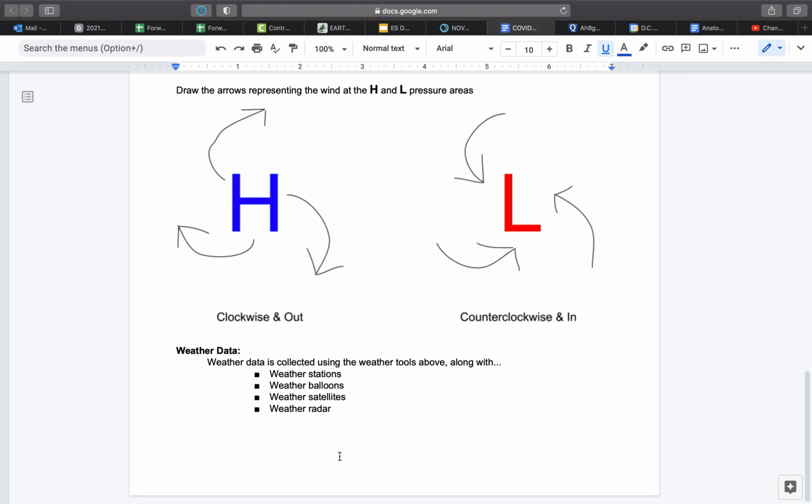So we can look at things here down at the ground, we can look at things far above and try and get a better picture of what's going on with our changing weather, and hopefully get a clearer idea of what might happen, at least in the near future, as we forecast the weather.